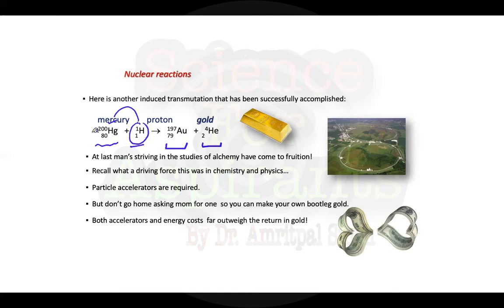Otherwise everyone would try to run these types of reactions, because of forming these accelerators. You can see the picture of the Large Hadron Collider, which is situated at CERN, Geneva, on the border of France and Switzerland, and it is a quite huge, costly project.